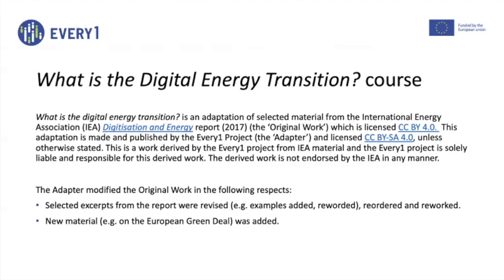And of course, the CC BY 4.0 license is compatible with the license that we've applied to the What is the Digital Energy Transition course, and there's no license incompatibilities. We'll come on to talk about adaptations in a future video and how we need to ensure that we use compatible material when we're embarking on this type of work.